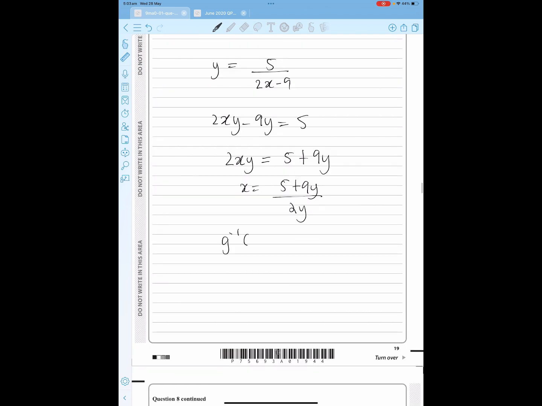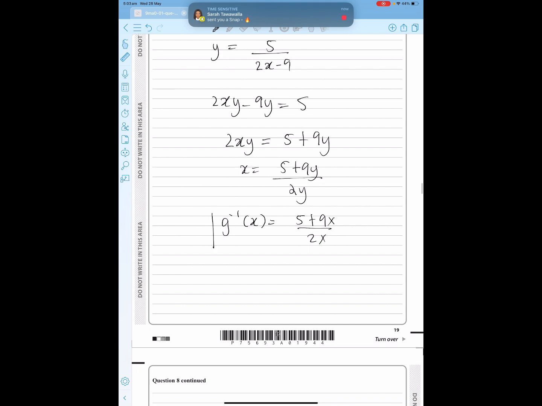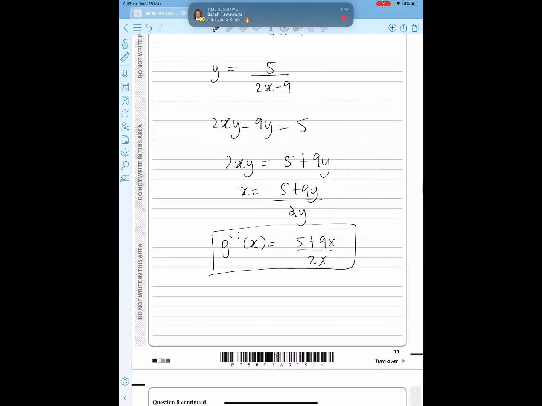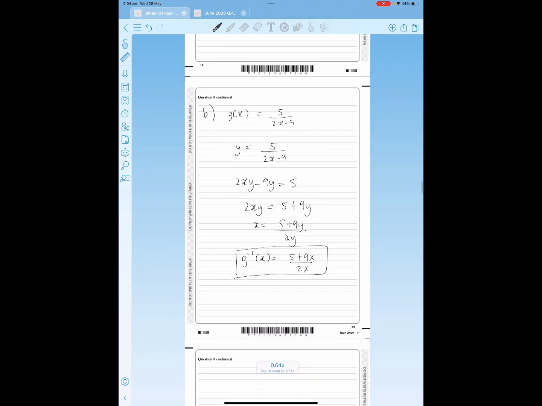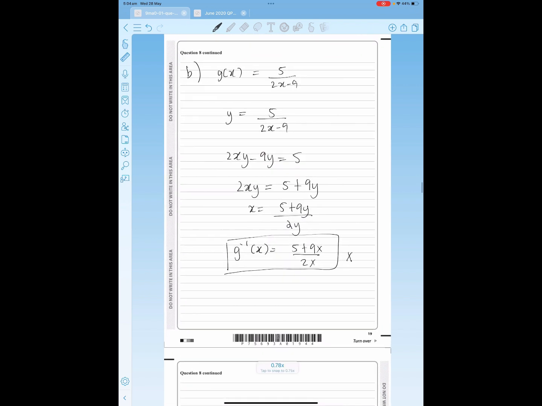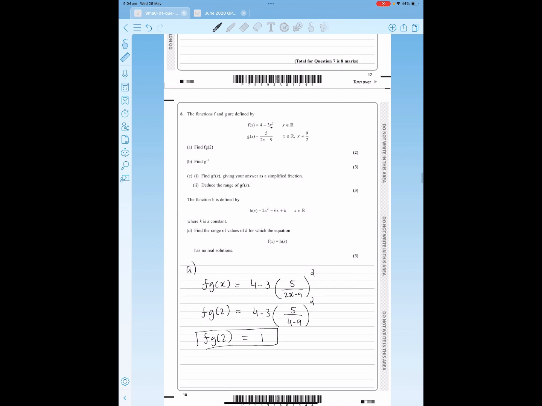So g inverse of x would just be 5 plus 9x over 2x. And that is your answer. Oh, right. In the mark scheme, it says that you also have to specify that x is not equal to 0. So that would be your part B.